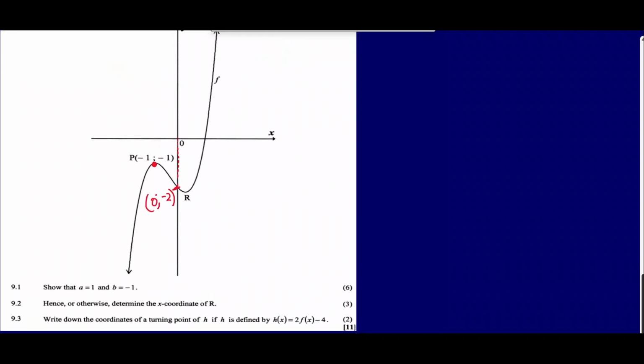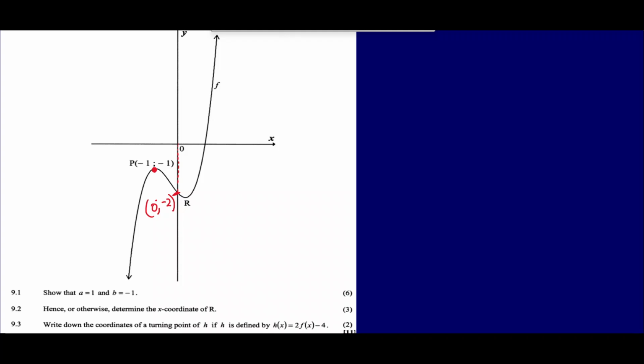So we are supposed to answer the questions, right? So the first question is saying let's show that the a value is 1 and the b value is minus 1. So if you take a look at it, we have an equation here for the graph. So this is 9.1. So I'll just first copy down the equation of the graph.